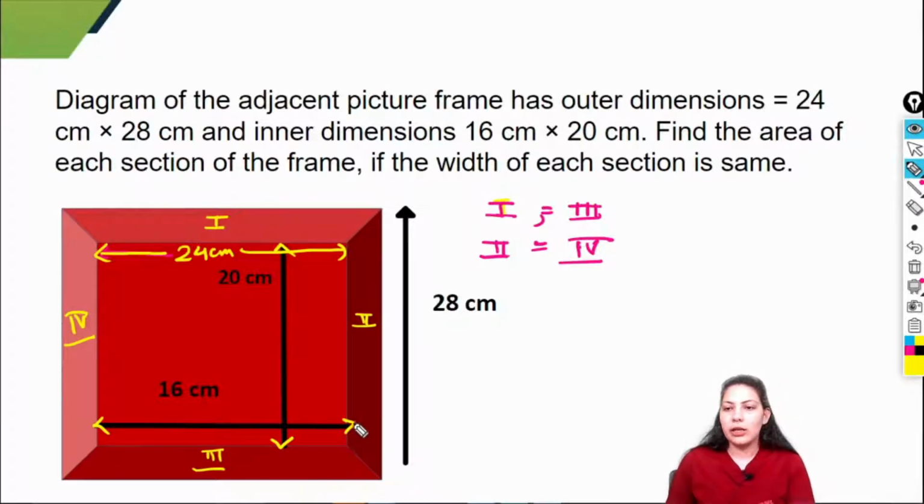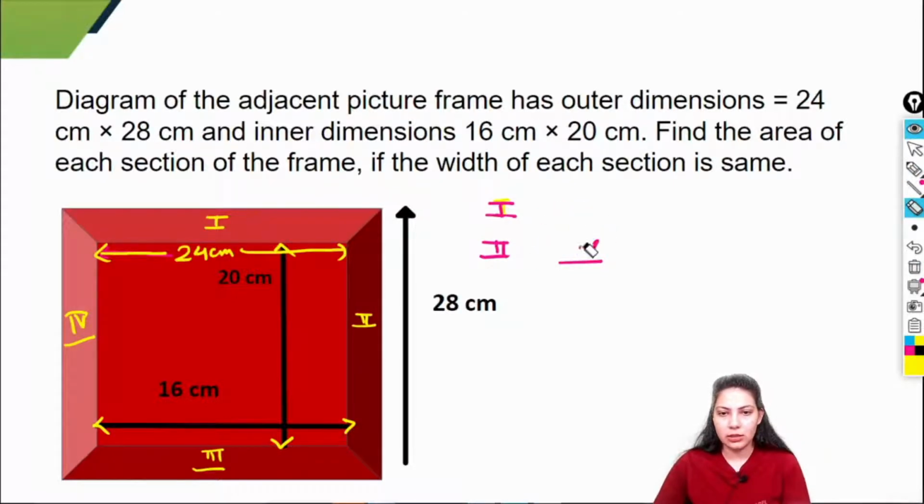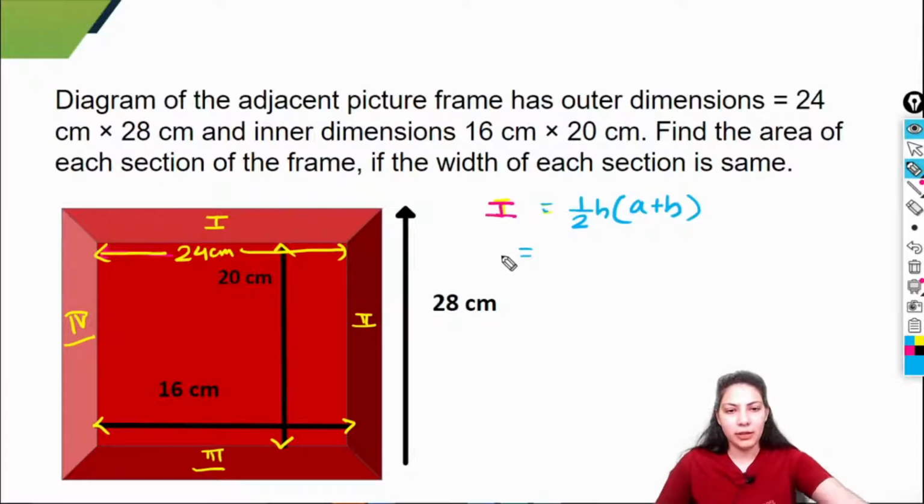Okay, now let's calculate the area of first part. That is in the form of trapezium. So let me write the formula of trapezium, half h a plus b. Yeah. Now this is first part. What we are given is, wait a minute.